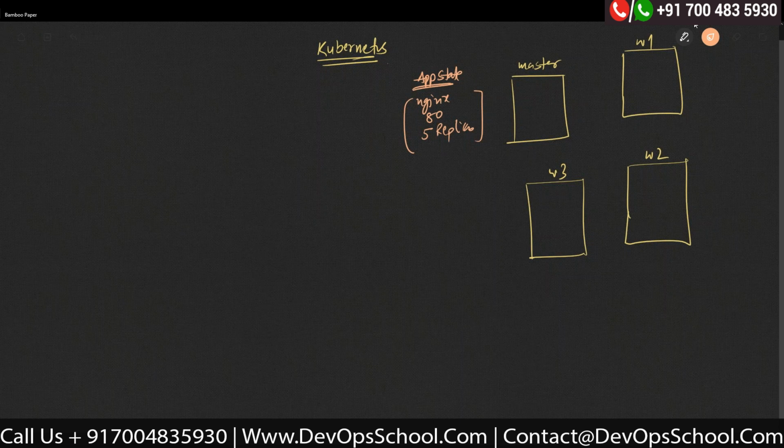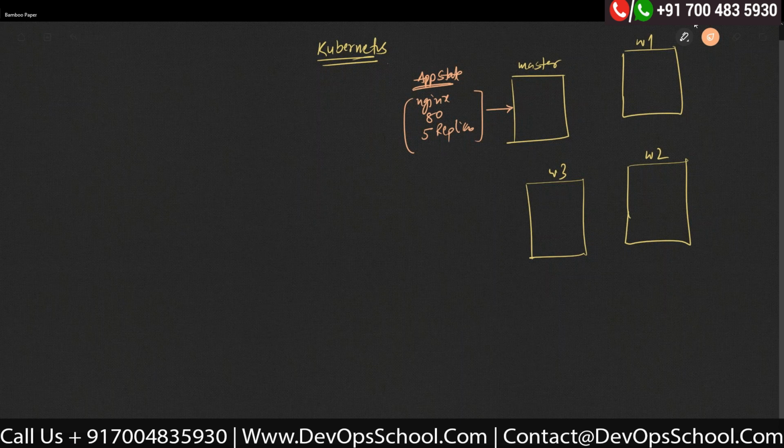Okay, so this request goes to master. Now master will receive this request and it will realize, okay, there are 5 copies of this application configuration required, and it will instruct the worker nodes to run those copies, right?